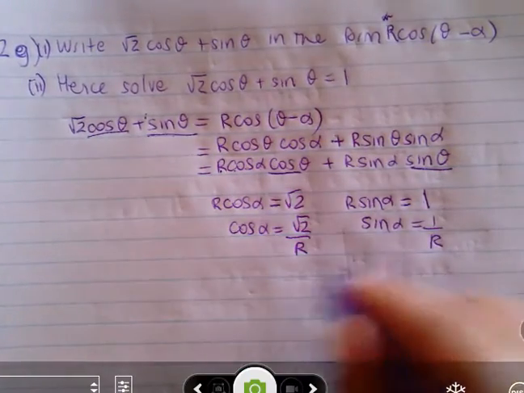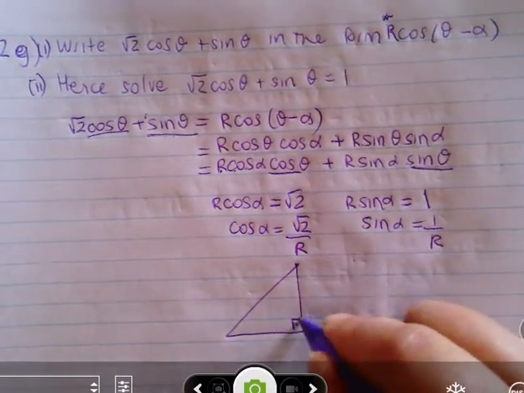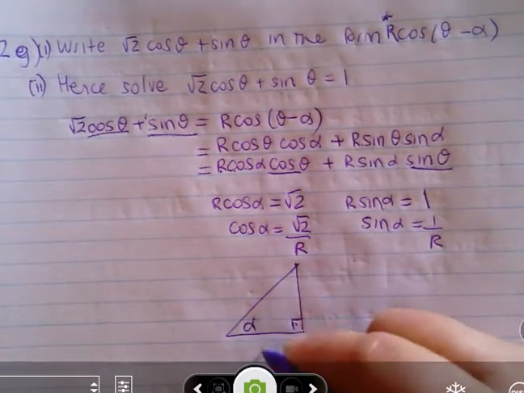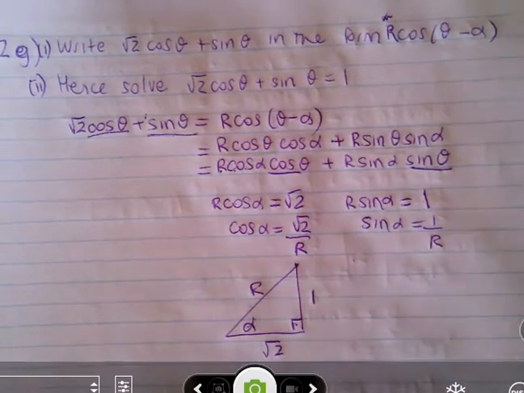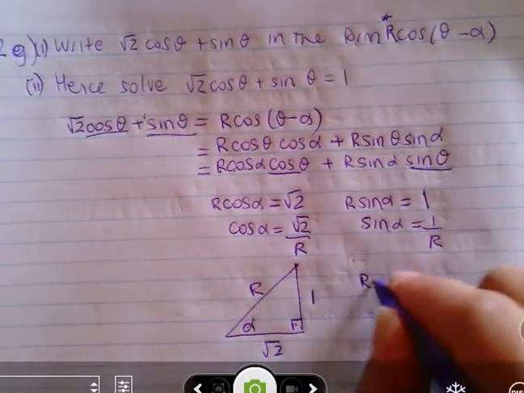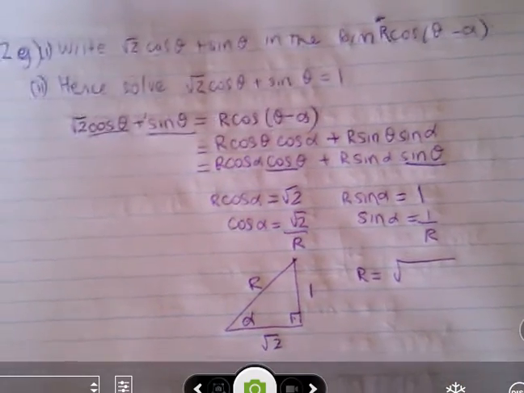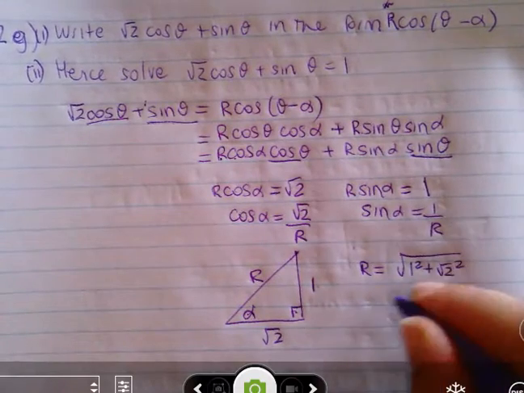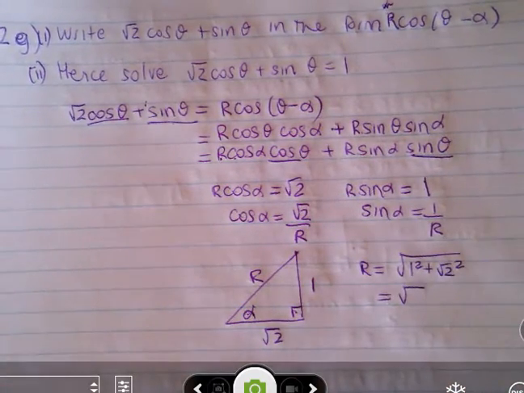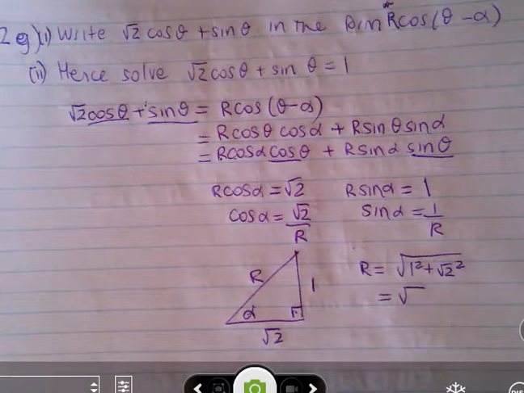We then draw up our right angle triangle with alpha. Cos is adjacent over hypotenuse. Sine is opposite over hypotenuse. Therefore, r is the square root of 1 squared plus root 2 squared, which is root 3.